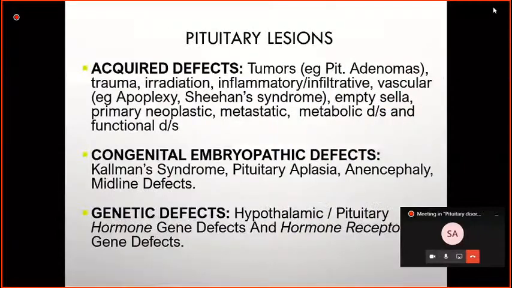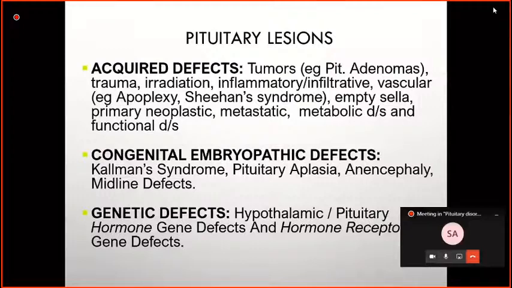In general, pituitary lesions can be divided into acquired defects, congenital defects, as well as genetic defects. A very common acquired defect is the tumor, pituitary tumors, for example adenomas and carcinoma.